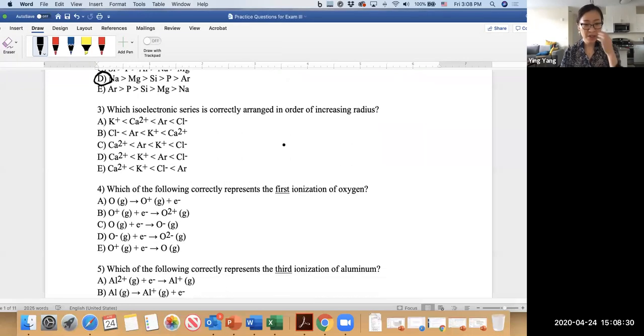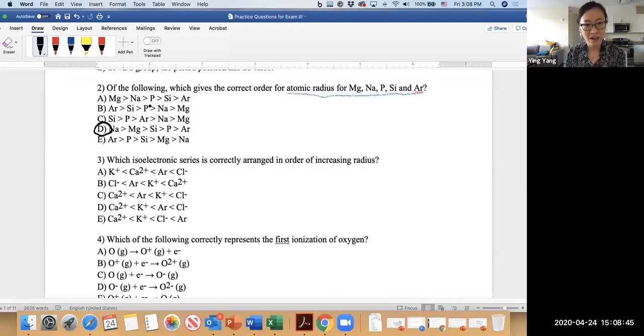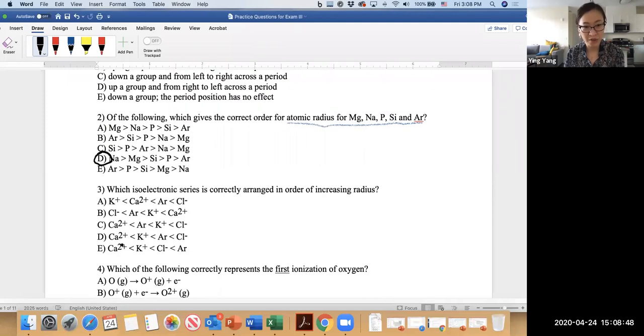Now let's take a look at question number 3. Which isoelectronic series below is correctly arranged in order of increasing radius? Now, the first two questions are all neutral atoms, and here we are going from neutral atoms to the size of ions.